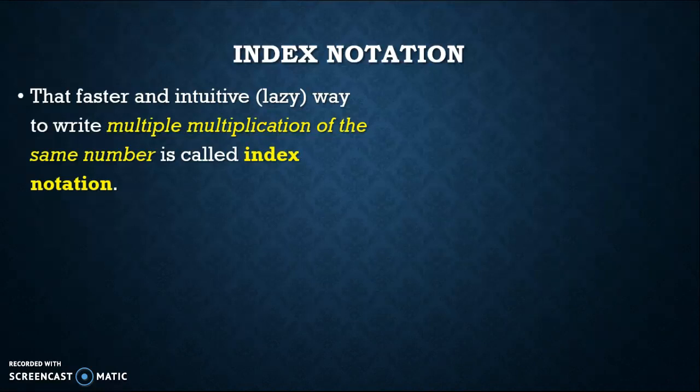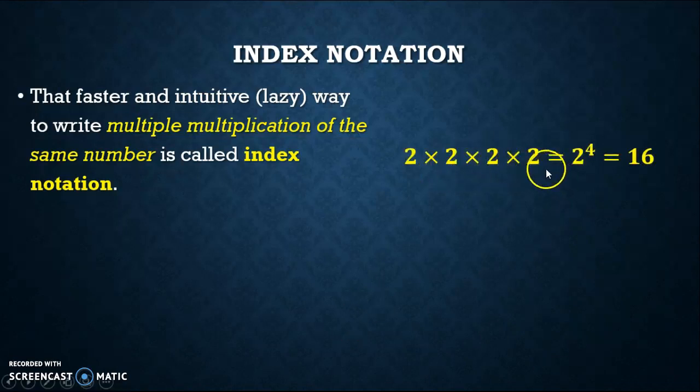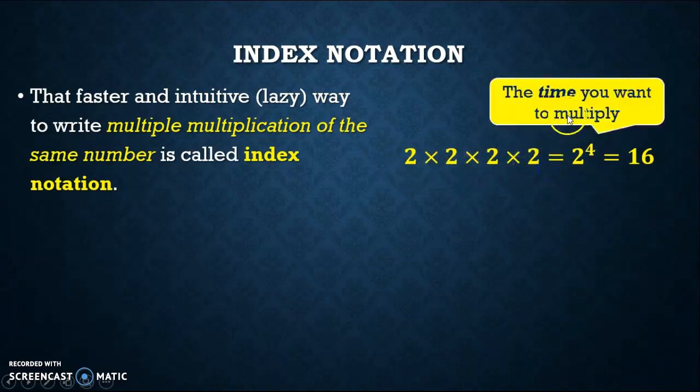Some people say it's just a lazy way to write it. It's true, because it is shorter and it represents the same value. For example, for the 4 of the 2s multiplied together, we write the number that we want to multiply, that is 2, and then we put the number of times we want to multiply it in the upper right corner, written smaller as a superscript.